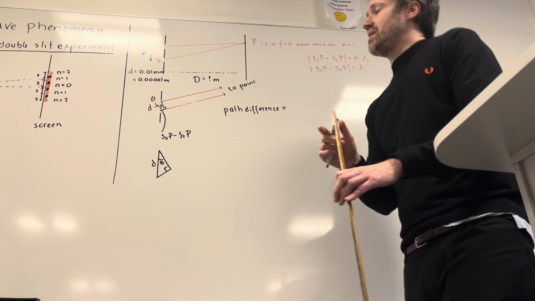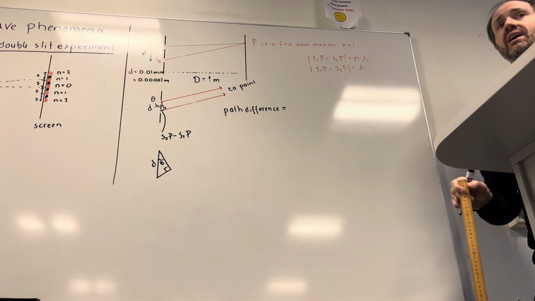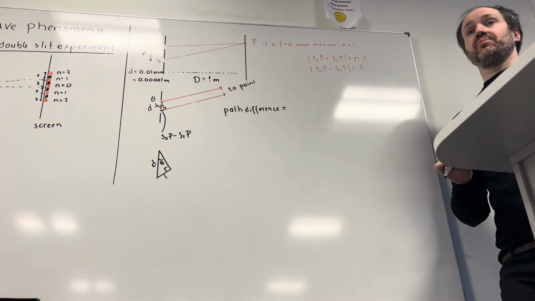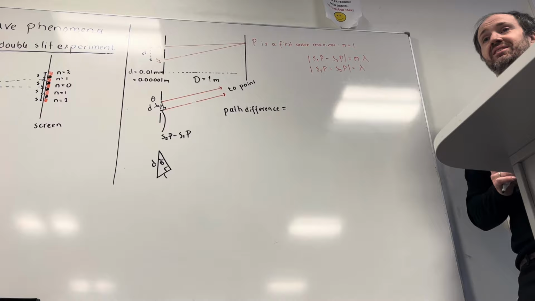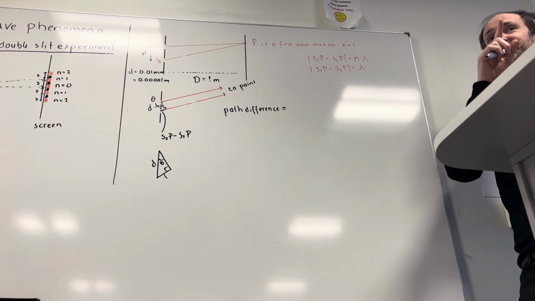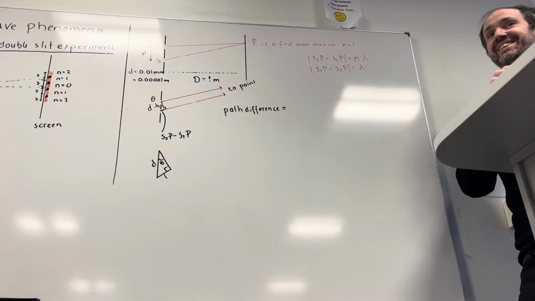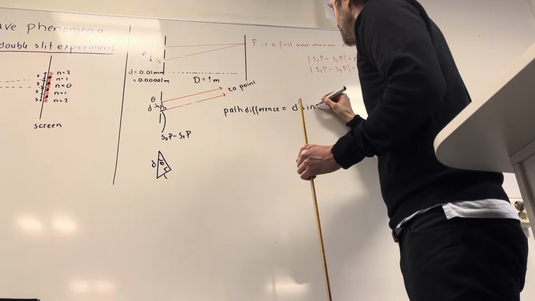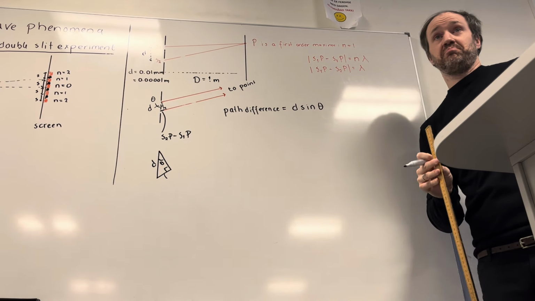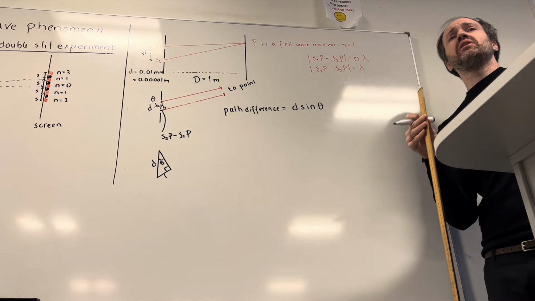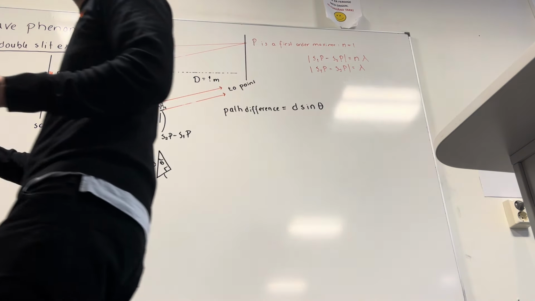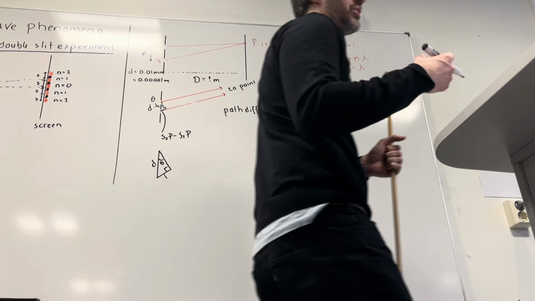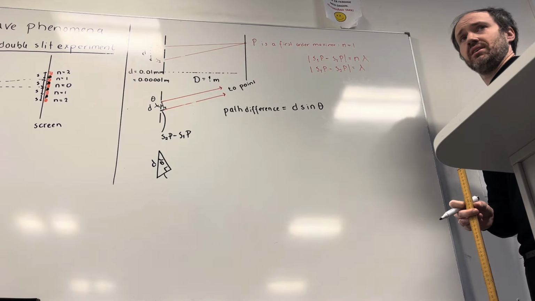Can anyone tell me, using trigonometry, what is the length of this one? Anisha? D sine theta. Yes, D sine theta. That is the formula for the path difference. We will use it when we're entering the quantum physics world, looking at when electrons interfere.